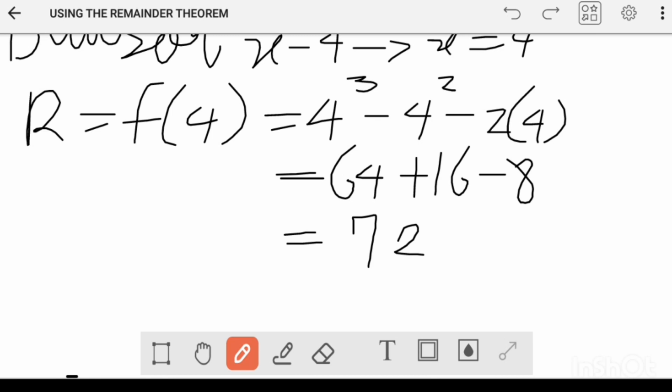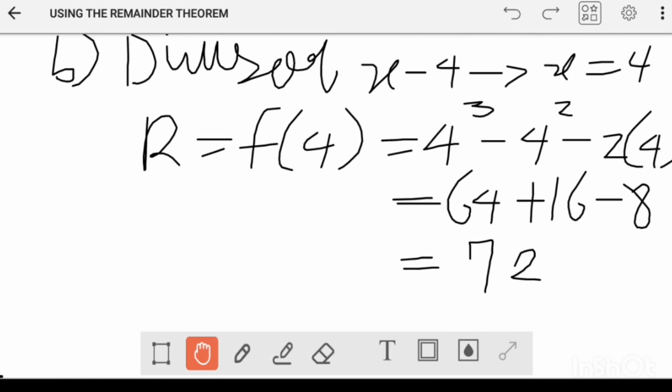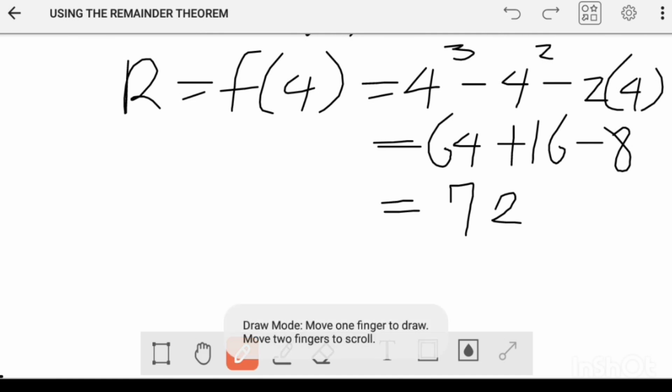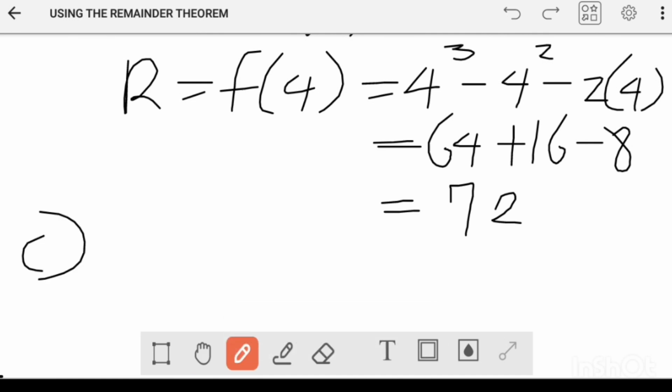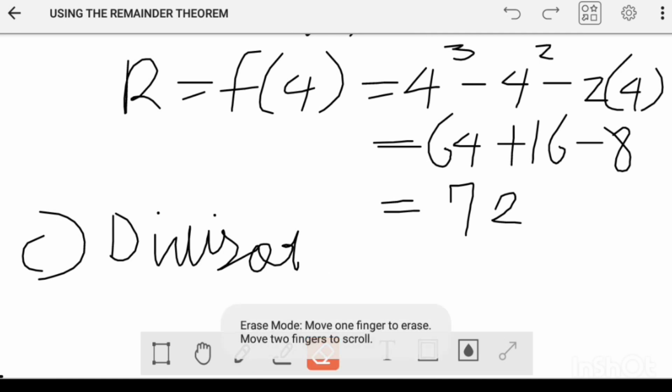Now the last one, which is C. For C we have the divisor also, which is x plus 3. The divisor is x plus 3.